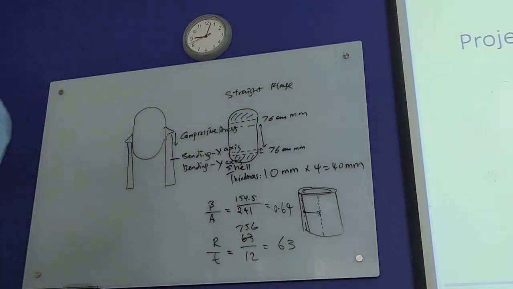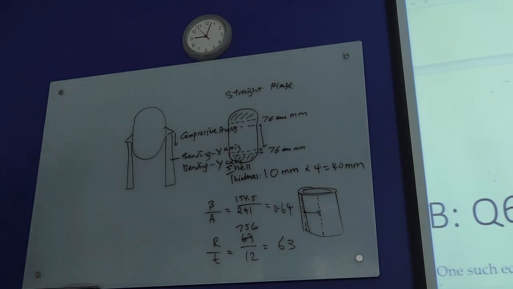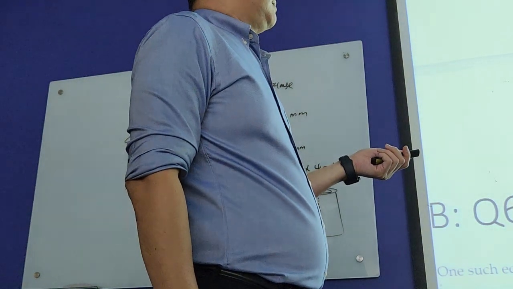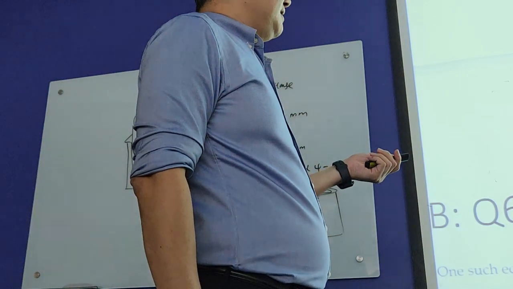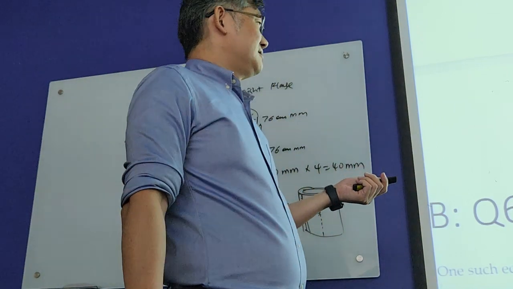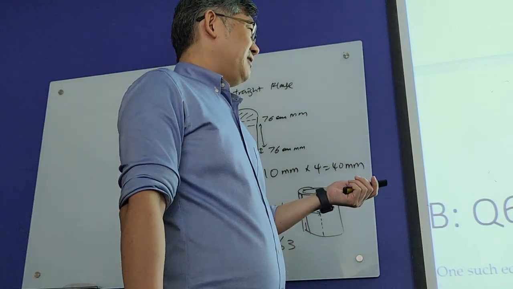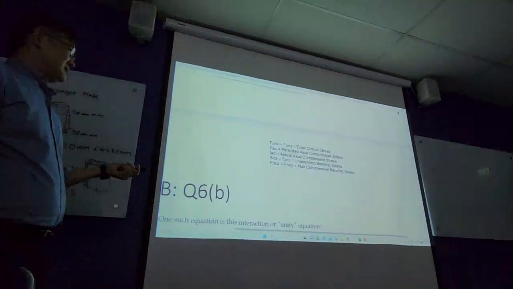Of course, right now you're not familiar, but over here are the notations. FEC is the Euler critical stress. Typo error, FAC is permitted axial compressive stress. Small letter F is actual axial compressive stress. Small letter FBC is unamplified bending stress. Capital FBC is maximum compressive bending stress.